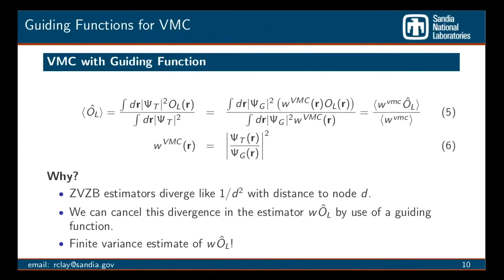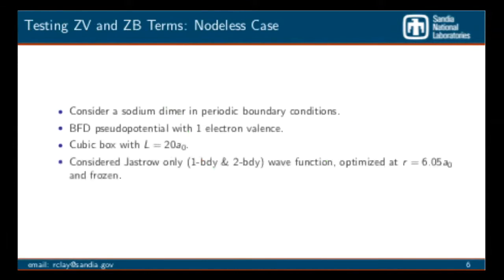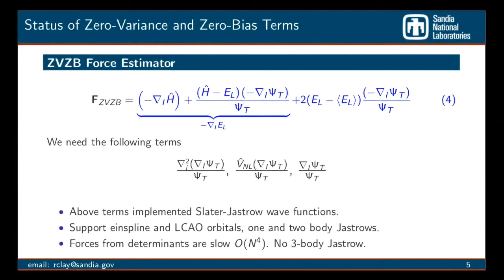Well, it's because, let me take a step back. Basically, with a naive implementation, the estimator I wrote down at the beginning of this presentation has infinite variance when you have nodes. The reason for that is this term right here.